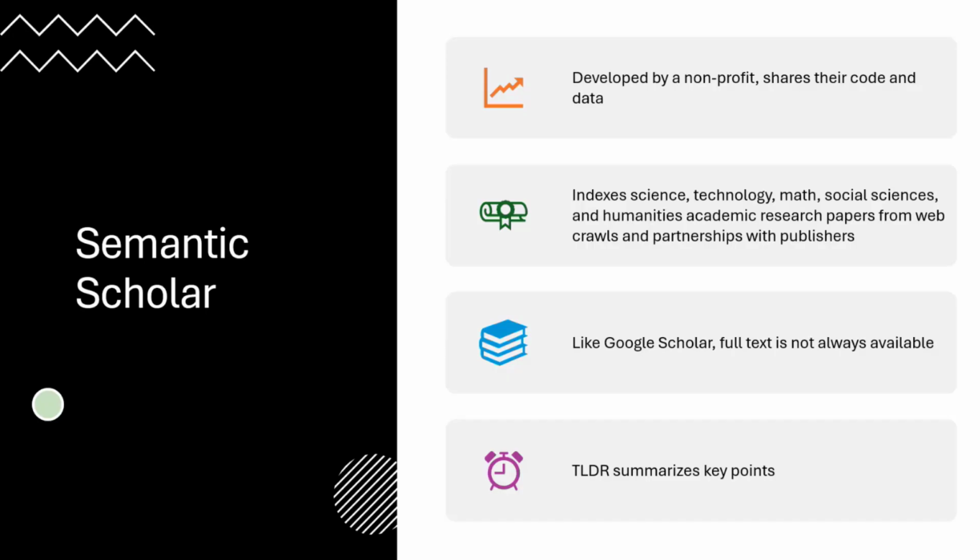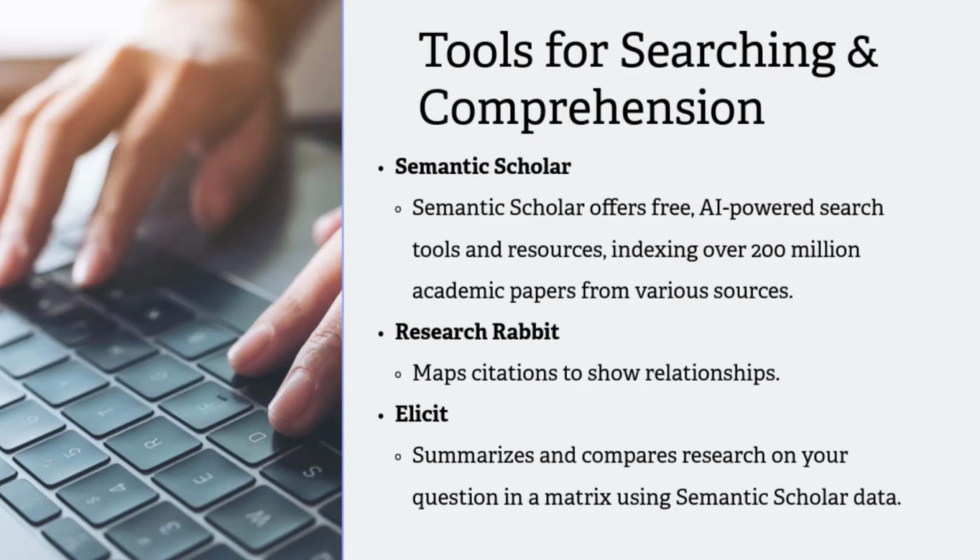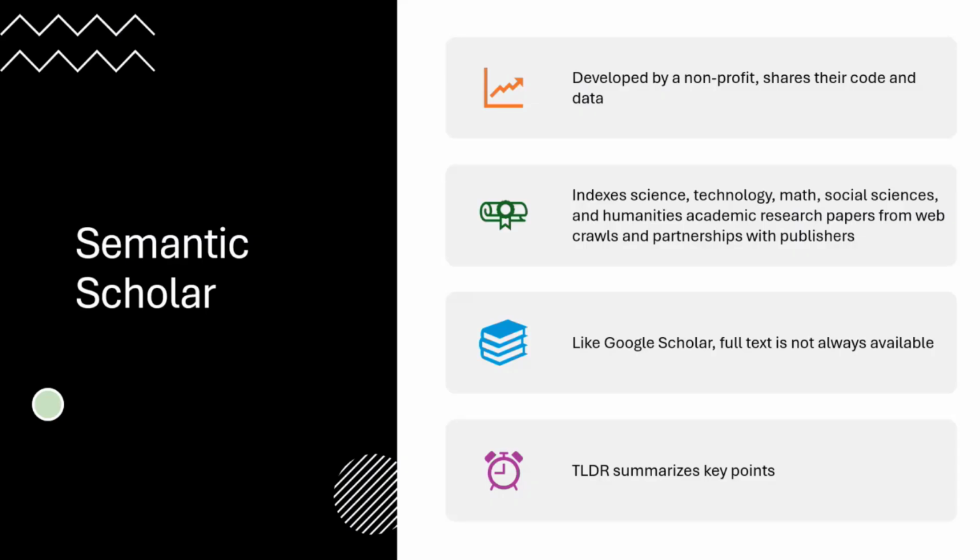Semantic Scholar, again, is that AI-powered search engine. It's been around for over 10 years. We think about AI as being more recent, but this has been around for a while. It was developed by a nonprofit, and it's an open tool that shares its code publicly. That's why we see these other tools building off of the corpus of Semantic Scholar.